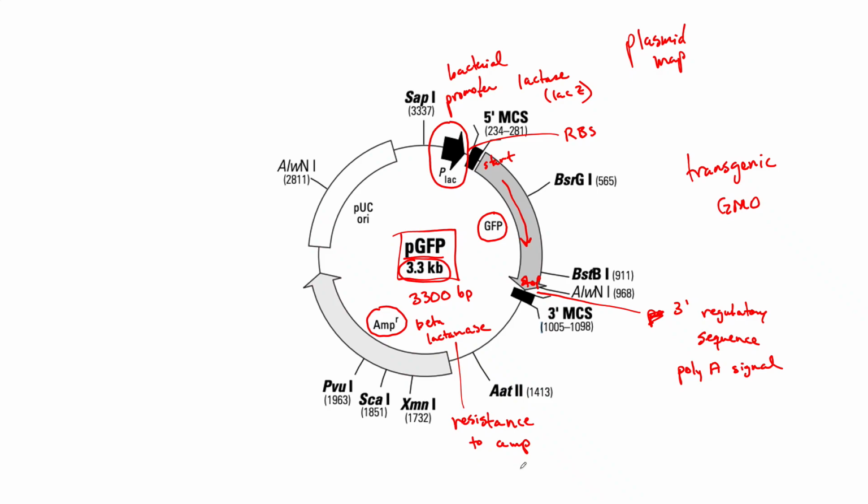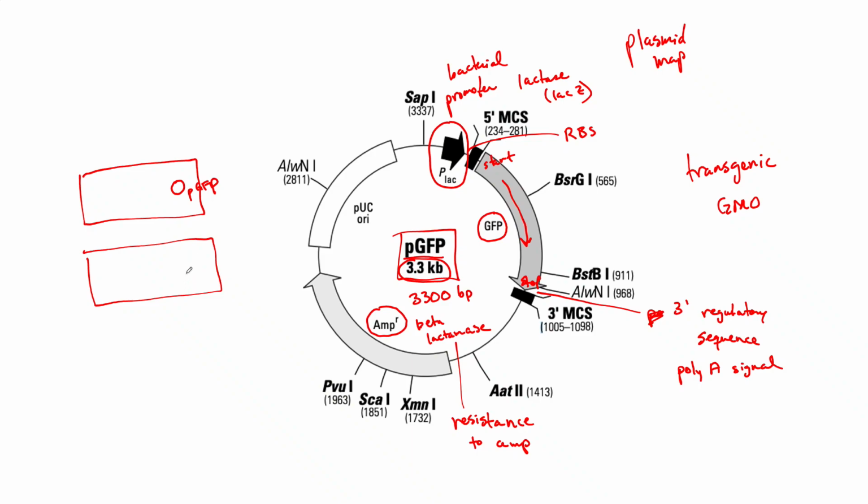Now, why does it have that? Well, if you think about being able to study this gene, this GFP gene in bacteria, if you want to study this gene or you want to produce this gene in bacteria, then you need to be able to grow bacteria that have your PGFP plasmid and prevent the growth of bacteria that don't have the PGFP plasmid.